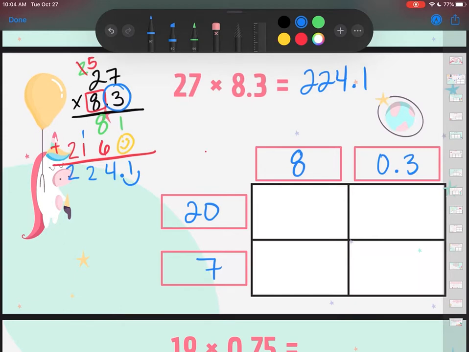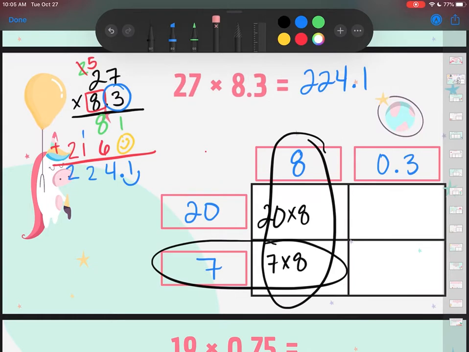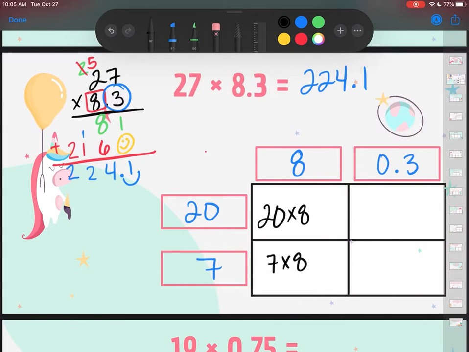Now, wherever my boxes line up or overlap, that is the problem that I'll have. So in this box, that's with 20 and 8, right? So my problem is going to be 20 times 8. In my next box, I've got 7 and 8. So that's going to be 7 times 8.